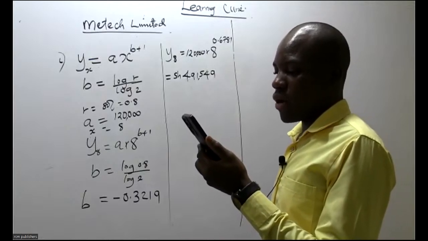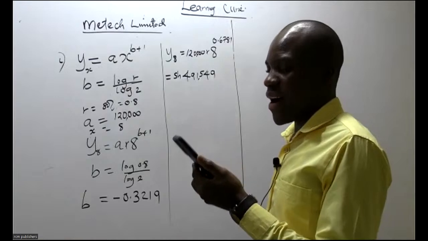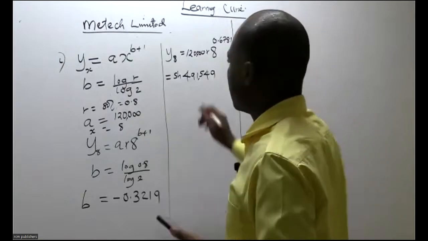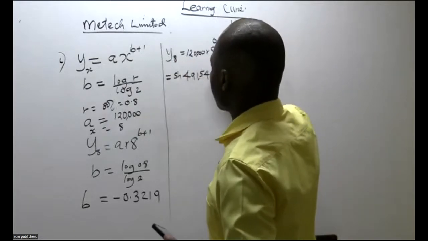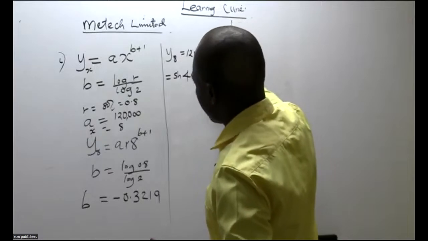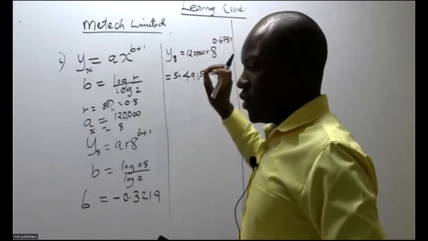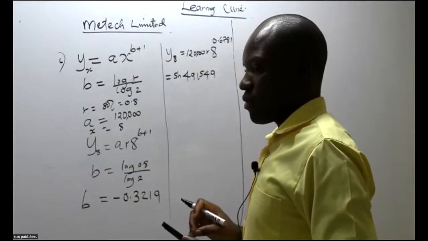Required: direct labor cost of the 8th batch. Not the 8 batches. Yes, we've done the first 8. But now that 8th batch, how much are you going to incur to produce the 8th batch?